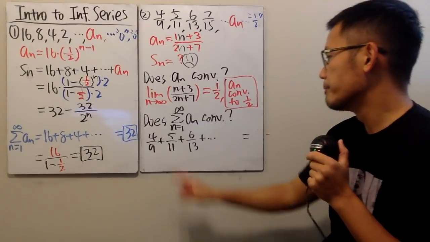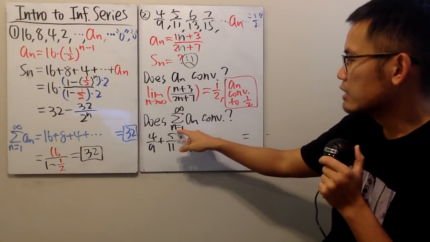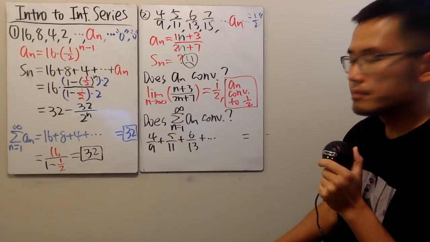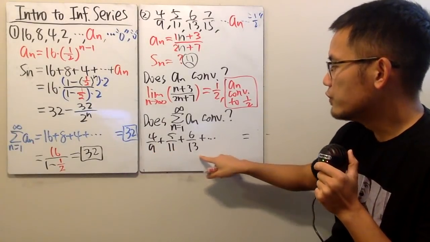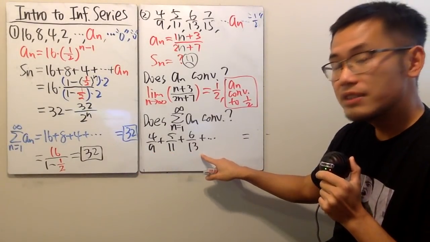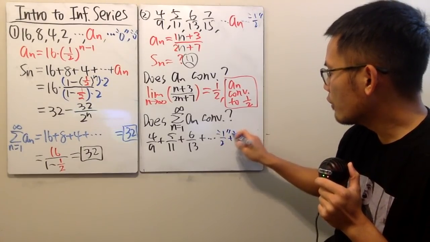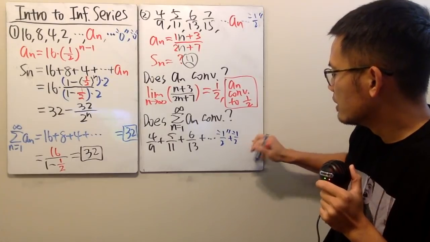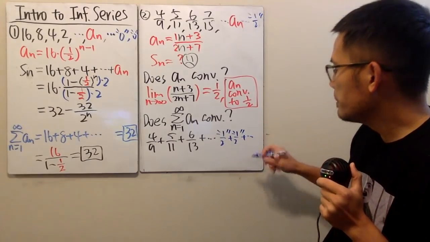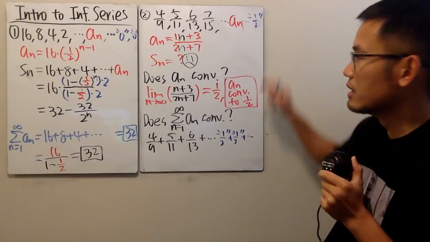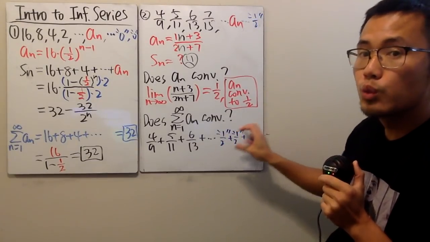Now, if you look back, does the series as n goes from 1 to infinity of an converge? Well, the first few terms we're just adding this. But eventually, we will be adding a bunch of 1/2, because that's pretty much what the end result will be.